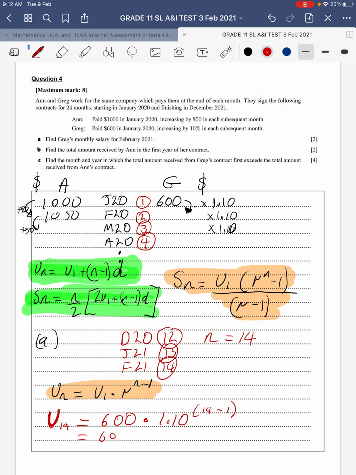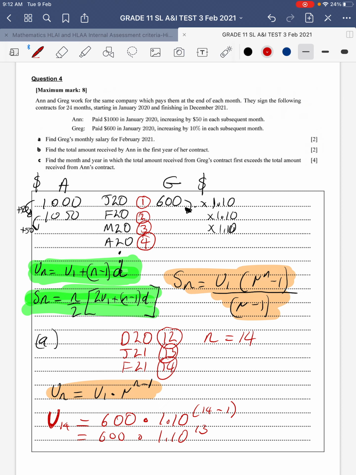So that's equal to 600 times by 1.10 to the power of 13. Now I'm just going to do this on my TI-Nspire. There's nothing too fancy needed here. You're just going to type this in exactly as you see it. So I'm just doing it now. I'm not going to show you because I don't think you need it. Insert calculator.